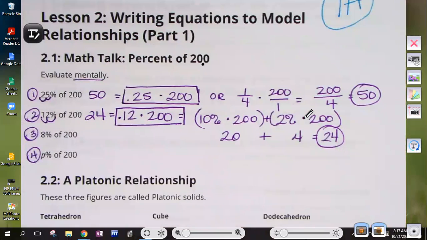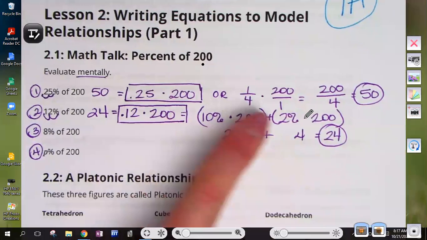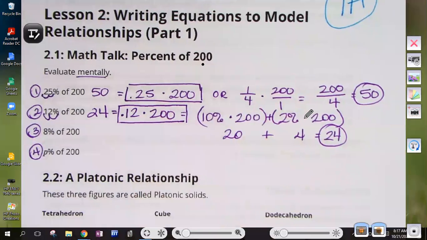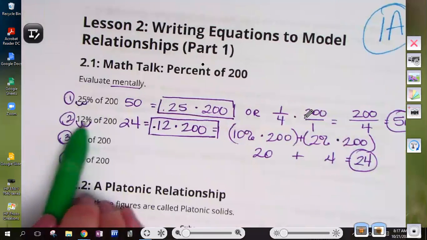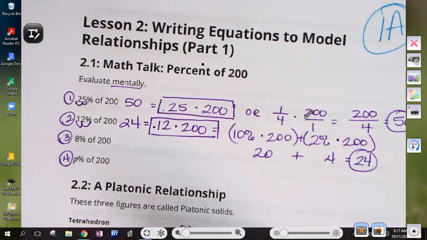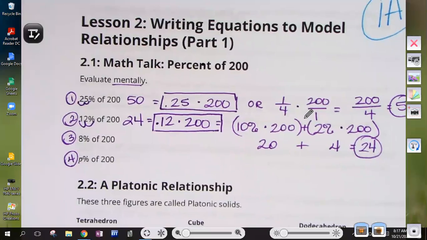Good. All right, I'll show you the way I did it because I did that way. I think if I would have had a calculator, I would have done it this way. But for that one, that's how I did it. But for this one, I said I knew that 12% of 100 was 12. And so since it's not out of 100, it's 200. So I just multiplied 12 by 2. Does that make sense?